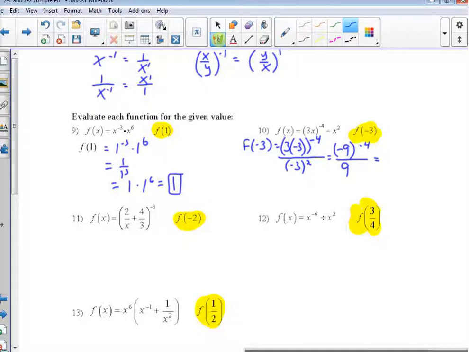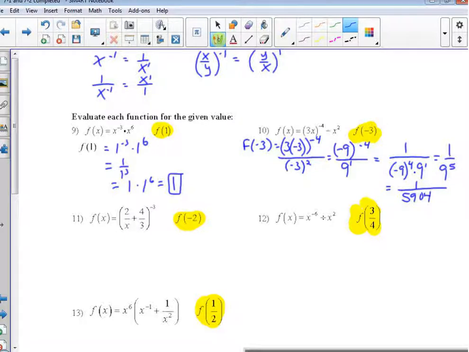So I'm going to take and go 1 over negative 9 to the 4th times 9 to the 1st. This 9 to the 1st is already in the denominator. It just stays. And so the final answer is 1 over 9 to the 5th, and that's equal to 1 over 5,904.